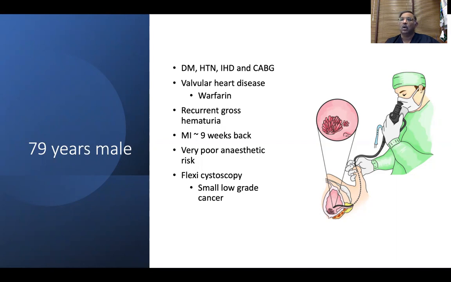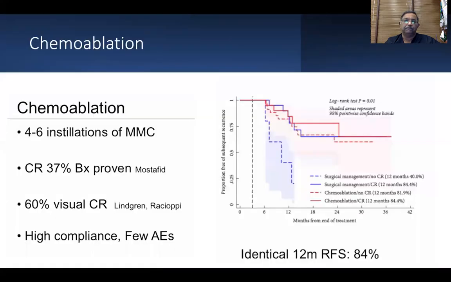Now, how this patient should further be treated, and this is something that we see in our daily clinical practice. There are 2 important studies on how to deal with patients with very low risk cancers with very high anesthetic risk.